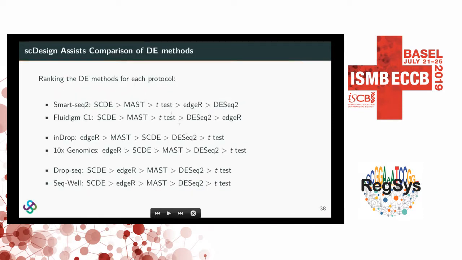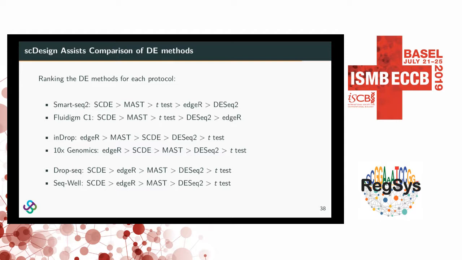So to summarize this plot, we rank those methods by the area under the precision recall curve. So as I said, t-test does reasonably well for Smart-seq2 and Fluidigm C1. For the other 4 protocols, it's either edgeR, MAST, or scDE. These 3 methods work pretty well, which is also very consistent with our empirical observations.